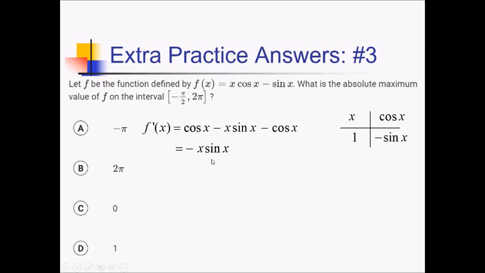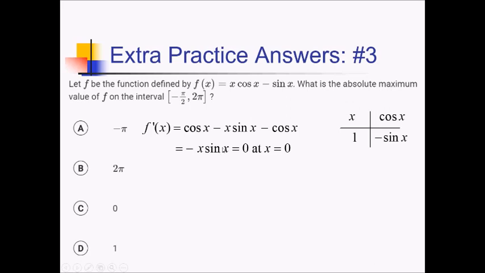That's not going to be undefined anywhere, so we just have to figure out where it equals 0. And there's a few spots. Obviously 0. If you plug 0 in for x or the other x, either of those is going to zero this thing out. But there's also some other spots. Although this negative x is only 0 at x equals 0, sine of x is going to have a value of 0 at multiple places.